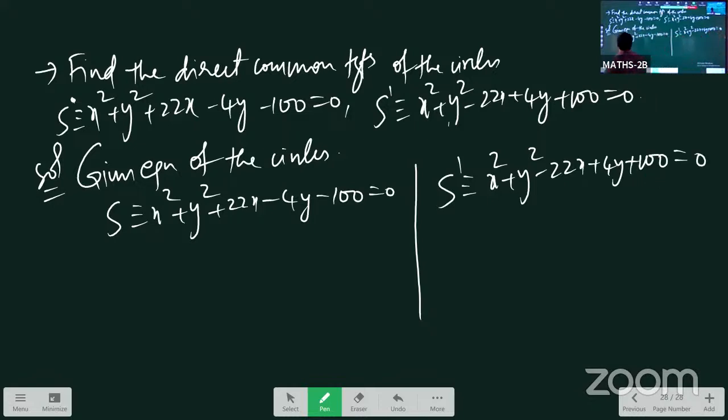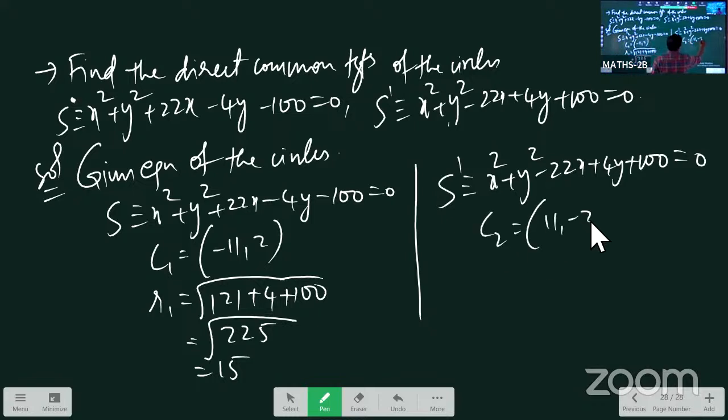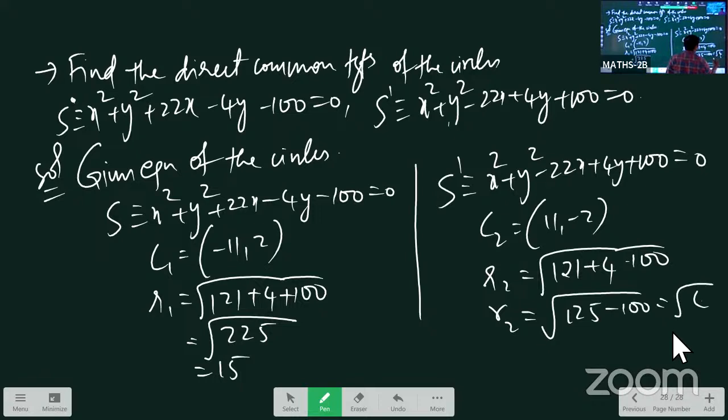Okay, these are your given equations of the circles. Now C1 is (minus 11, 2), R1 is root of 121 plus 4 plus 100, G square plus F square minus C, 225. Square root of 225 is 15. Come to C2, (11, minus 2), R2 radius, G square plus F square, 121 plus 4 minus 100, 125 minus 100, root 25, that is 5.